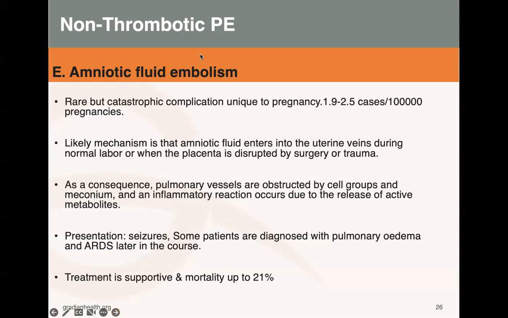As a consequence, pulmonary vessels are obstructed by cell groups and meconium, and an inflammatory reaction occurs due to release of active metabolites. The patient can present with seizures. Some patients can be diagnosed with pulmonary edema and ARDS late in the course. The treatment here as well is supportive, but mortality is high, up to 21%.